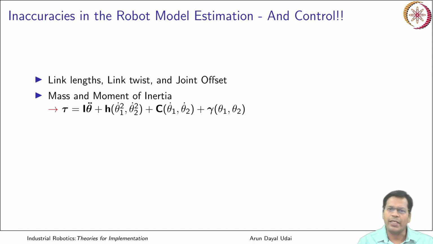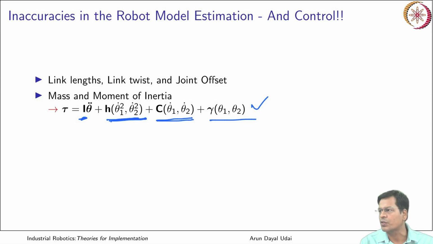And that cannot be taken care of by the dynamic equation of motion which is given here. It should have moment of inertia accurately, right? It should have h and c values which are calculated based on that. They all contain the masses over here, in these components of the torque equation.